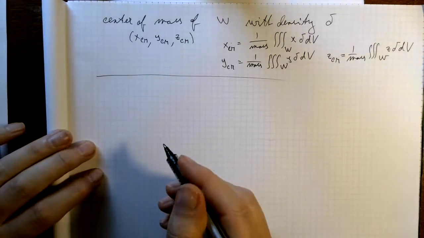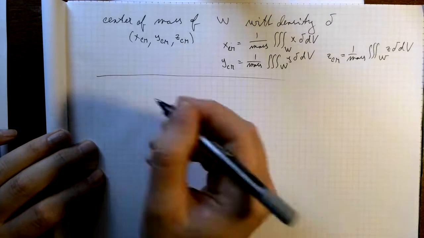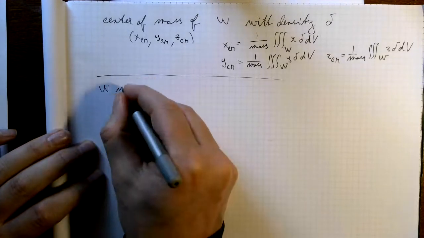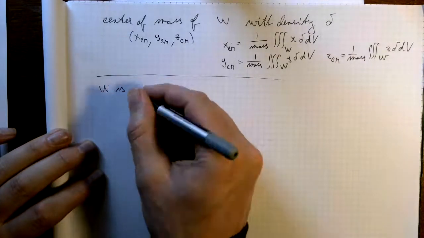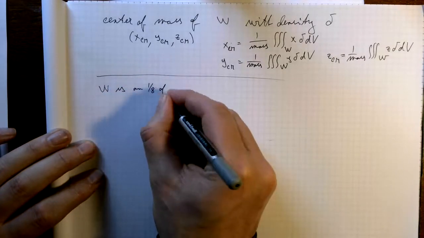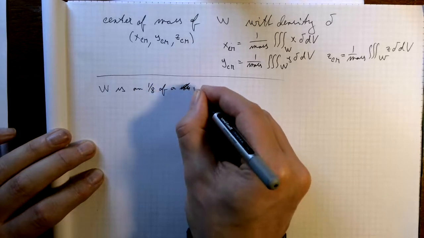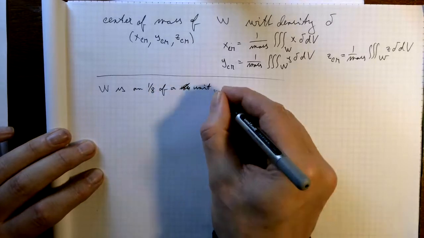Suppose that W is an eighth of the unit ball.